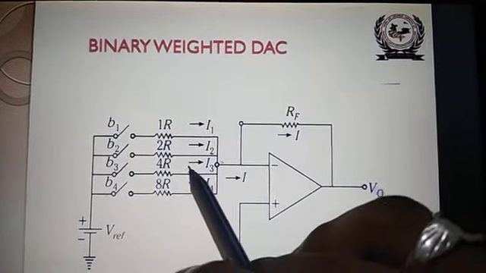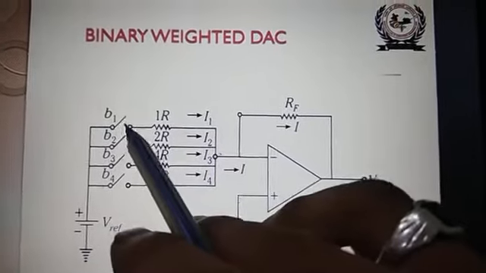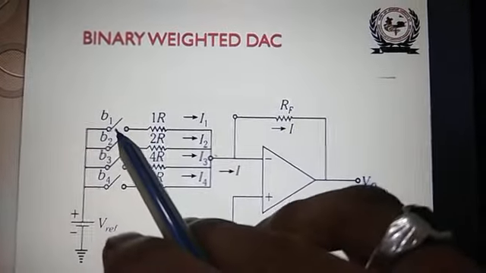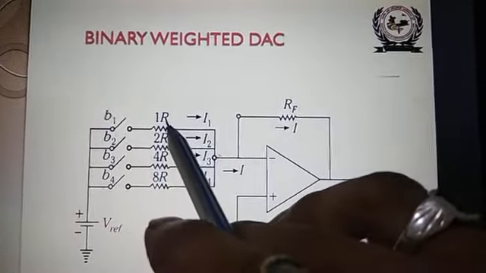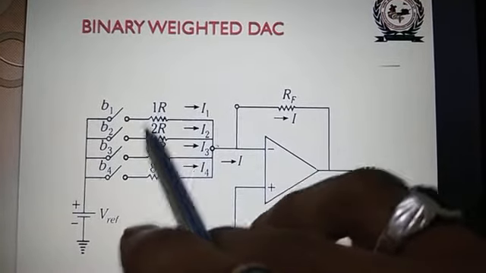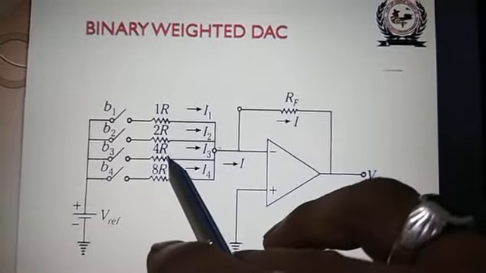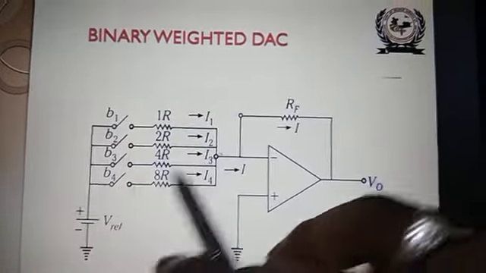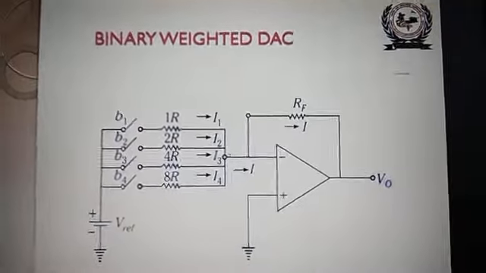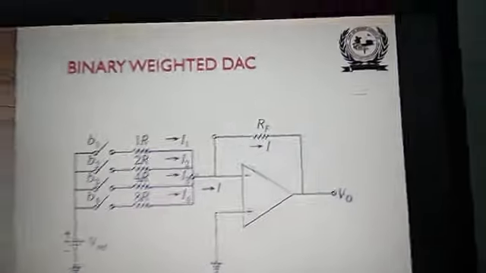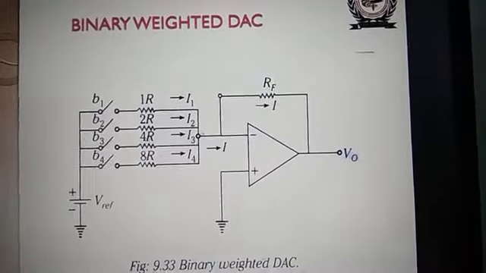Why is this called binary weighted? This particular B1 is weighted through this R, B2 is through this 2R, B3 is through this 4R, and B4 is through this 8R. You can increase the number of bits also.